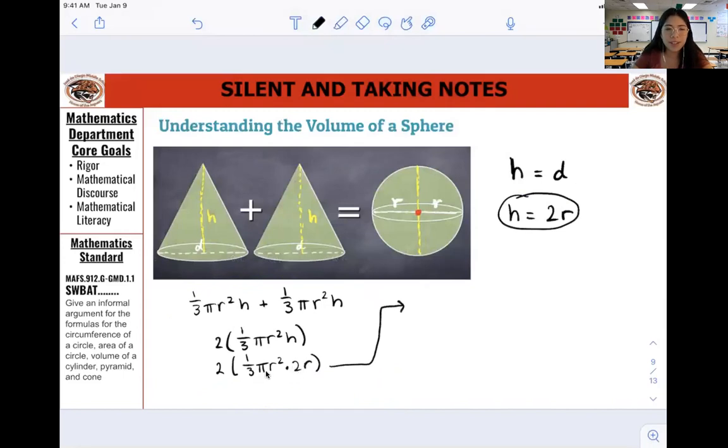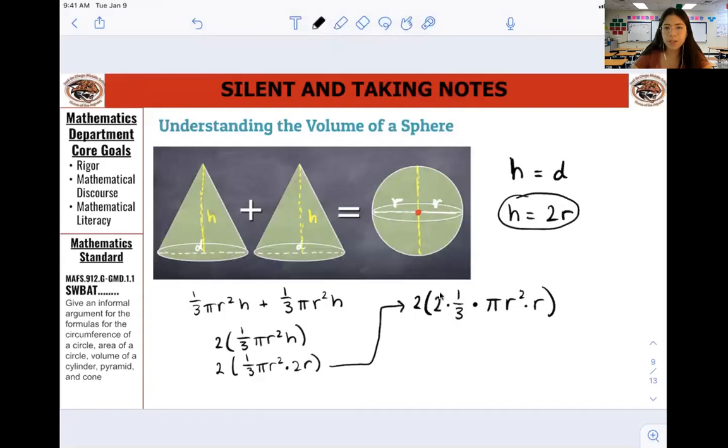So I'm going to rearrange this a little bit. I'm going to bring this 2 over here. And then I have pi r squared times r. All I did was I moved this 2 over to the front, okay?